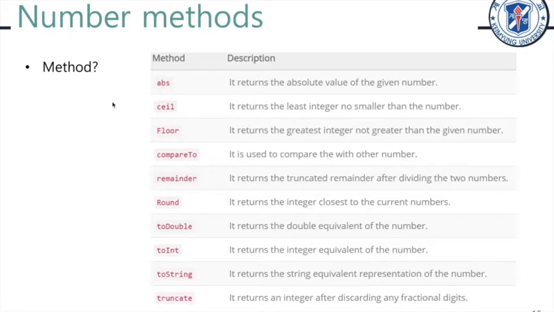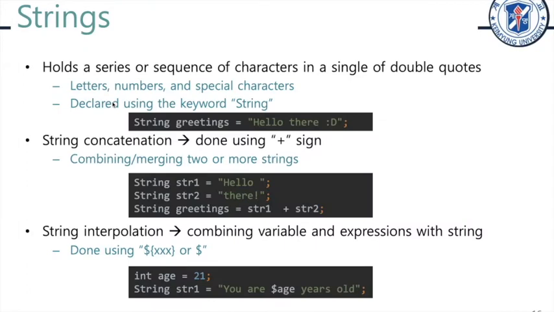There are too many, so you don't have to know everything, but know that plenty of them exist. The second most common variable type we discuss is string.